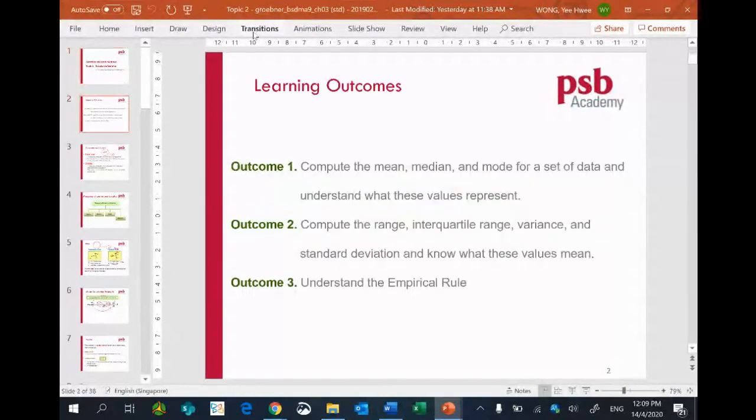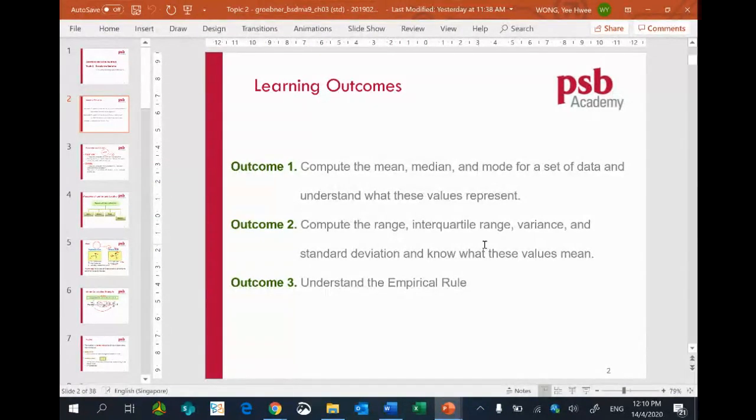And in this topic, we went through quite a number of statistics. All these numbers are calculated from the sample, so all these are called statistics. The first outcome here is we look at something in the center: mean, median, mode. The second outcome, we talk about the range, the spread, the variability of a set of data.